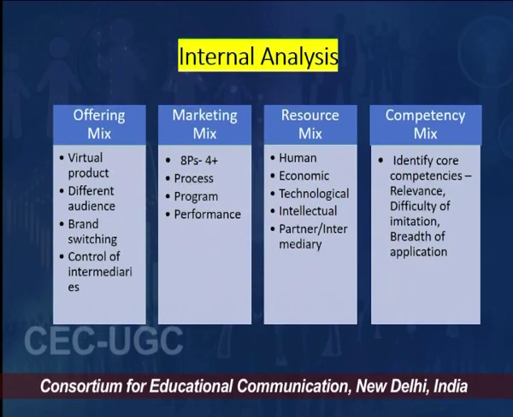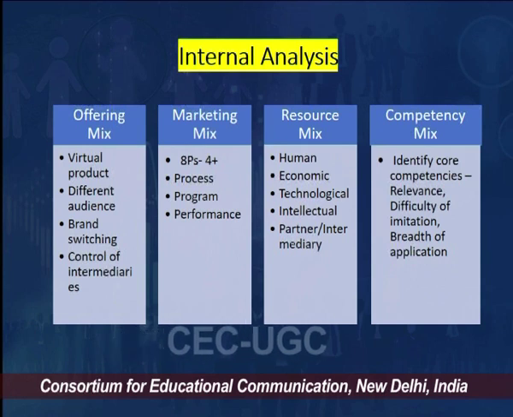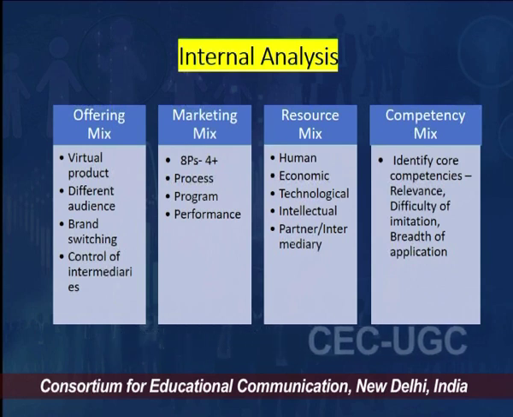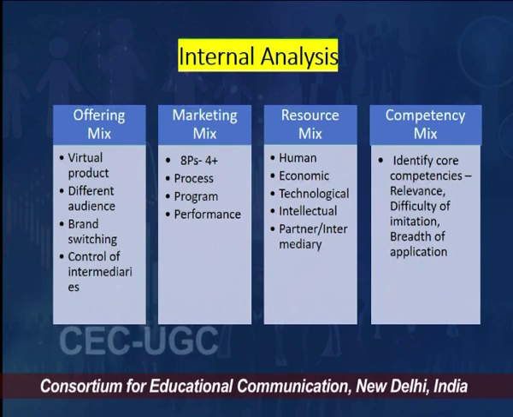The second aspect in your internal analysis as a digital marketer is an analysis of your marketing mix. So, when you talk about the digital marketing mix, it comprises 8 P's, where 4 P's are the ones that you see in your conventional marketing system also, like product, place, price and promotion.